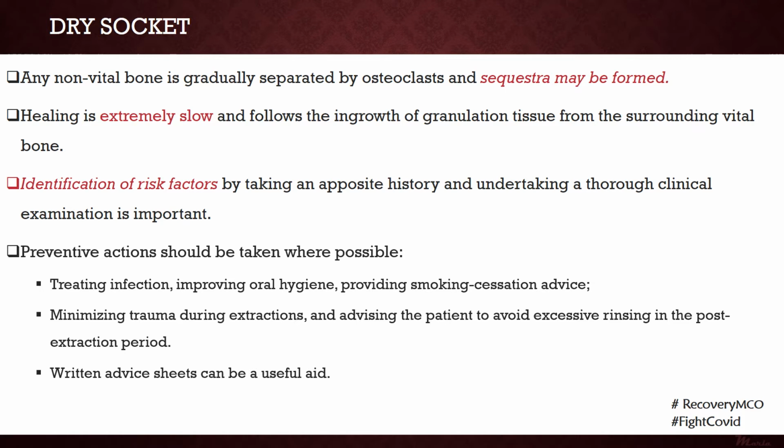It should be kept in mind that during extraction, trauma should be minimized. Also, the patient should be advised to avoid excessive rinsing during the post-extraction period. Written advice sheets mentioning the above preventive actions can be useful.